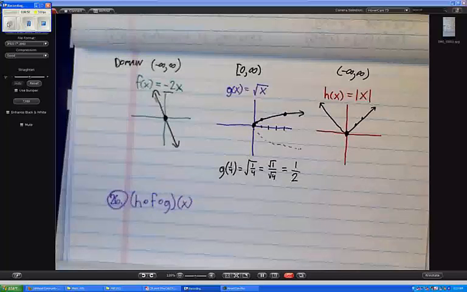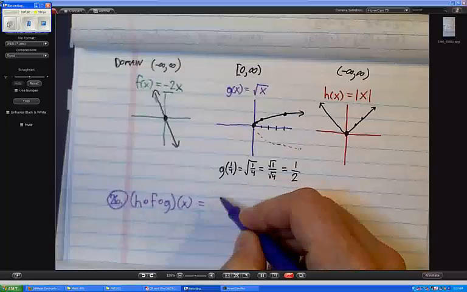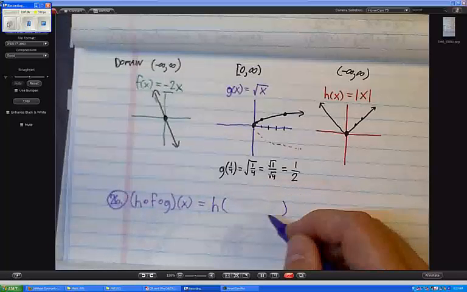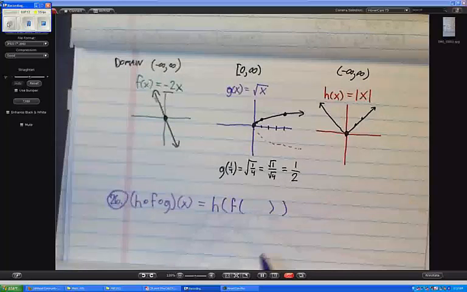What would it be? It would be H of, and then what would I write next? F of, see, I'm putting those parentheses there, and then on the inside, what are we going to put? G of X, right?